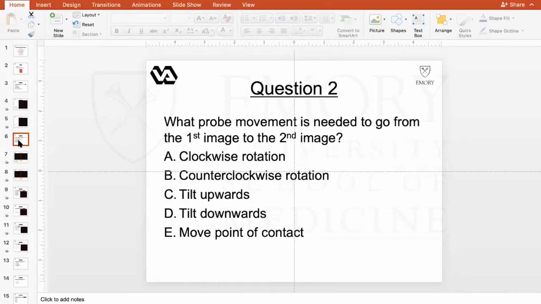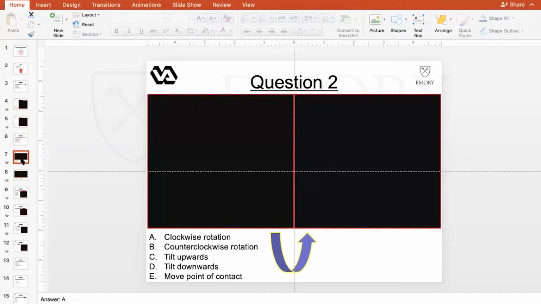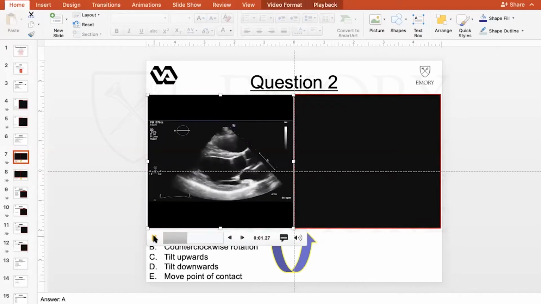Okay, second question. Things are getting a little bit more difficult here. Errol, are you out there? Right here, Dr. Kumar. All right, good morning. Good morning. So the second question is, what probe movement is needed to go from the first image to the second image? Okay, so I'm going to show you the images, and the probe movements are at the bottom. And let me see if I can hit play, and here we go.